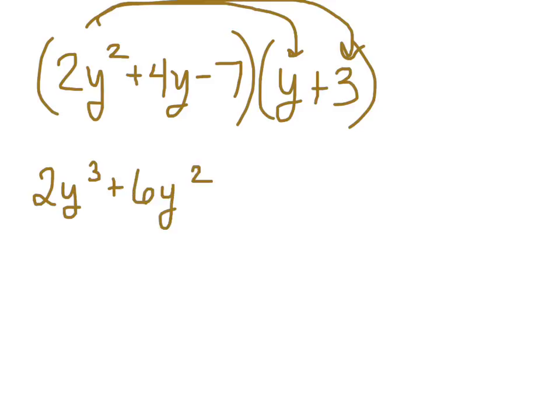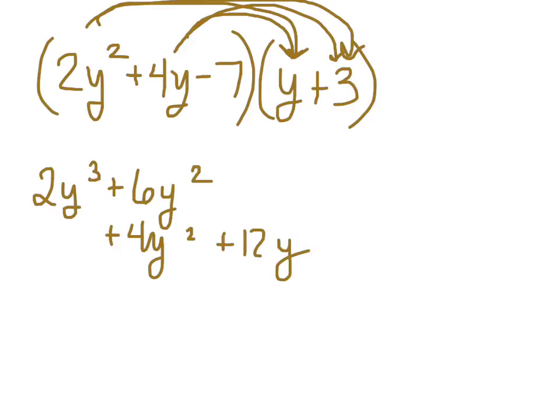Good. Now you have distributed that all the way through to everything, so now it's time to move to the next step. What's 4y times y? What's 4y times 3? Have you distributed that through to each piece? Yep. What's 7 times y? And what's negative 7 times 3?